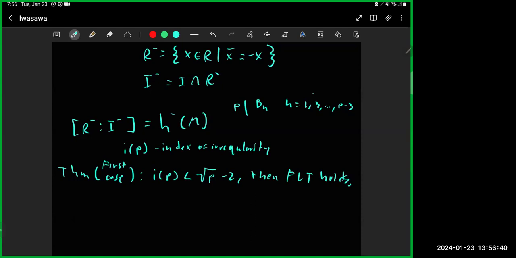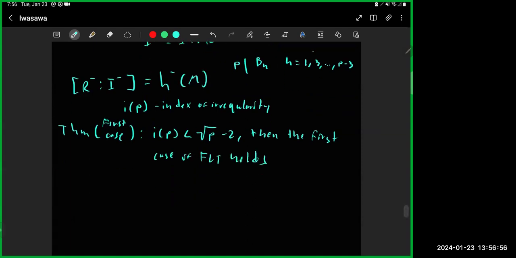So this is quite a powerful statement. Then the first case of FLT holds. Specifically, the first case means that we have an equation x^p + y^p = z^p, where the GCD of x, y, z and p is 1.